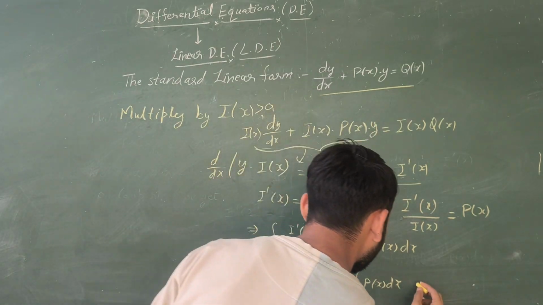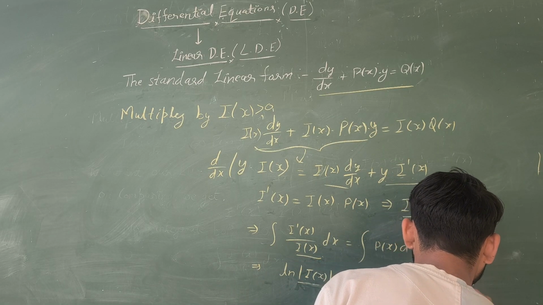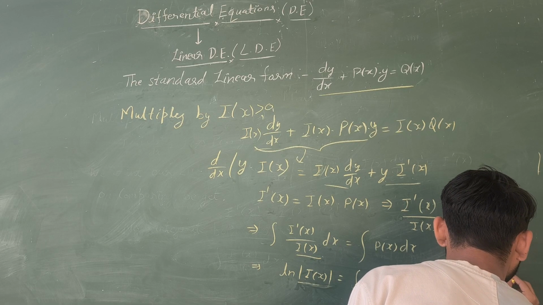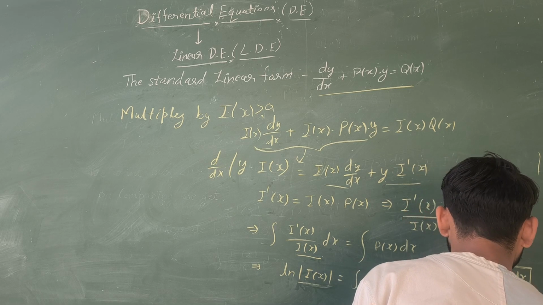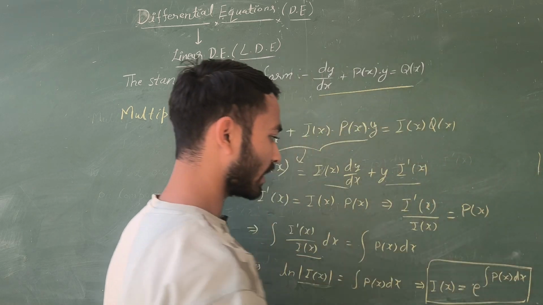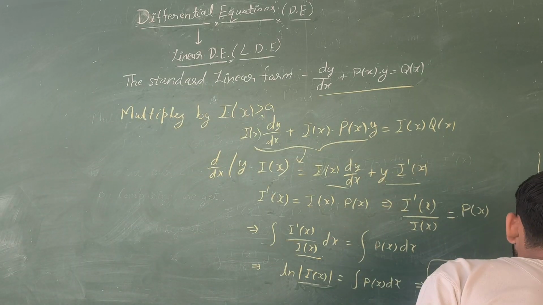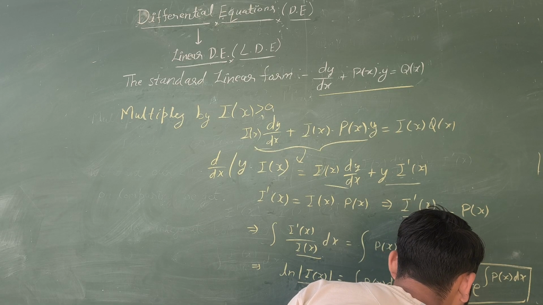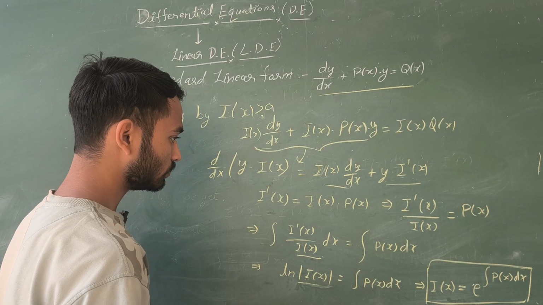So this implies I(x) is equal to e to the power integration P(x) dx. This is called the integrating factor. We have assumed, since I(x) is positive, that its modulus will be a positive value.